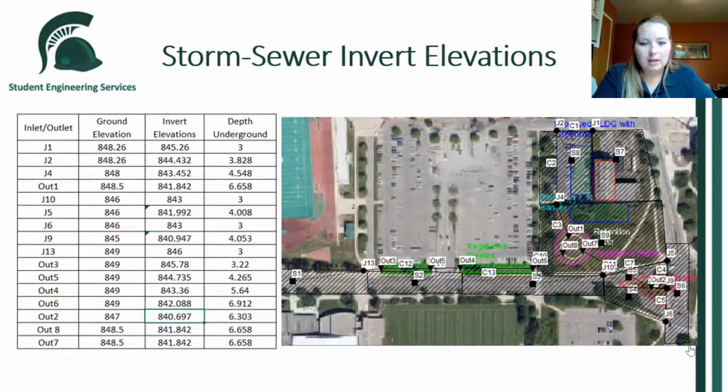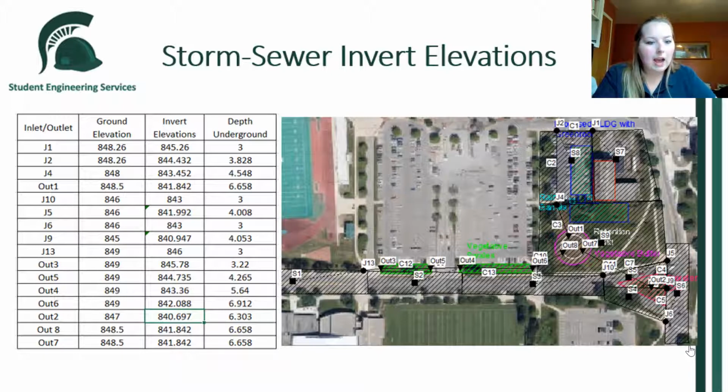So you can see here the depth underground is at least 3 feet or more at every location. The invert elevations were calculated based off of the linear function y equals mx plus b, as mentioned earlier, where x is the slope of the pipe and m is the distance, and then b is the initial elevation, or the ground elevation minus 3 for the starting point for each of the 3 flow paths, as mentioned earlier.